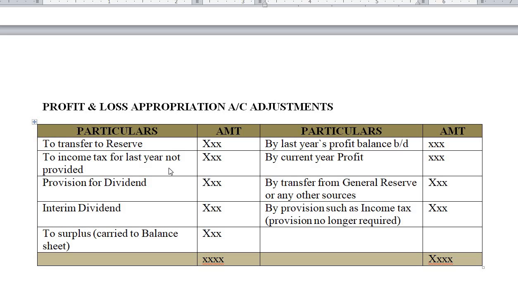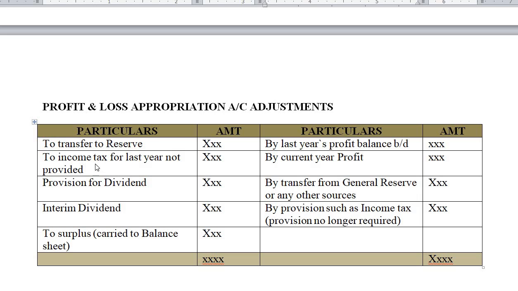Whatever the reserve may be, the amount you transfer will be given here as a transfer to that specific reserve. Just remember, whenever you see a transfer to a specific kind of reserve, that amount will be shown here on the debit side of the profit and loss appropriation account.